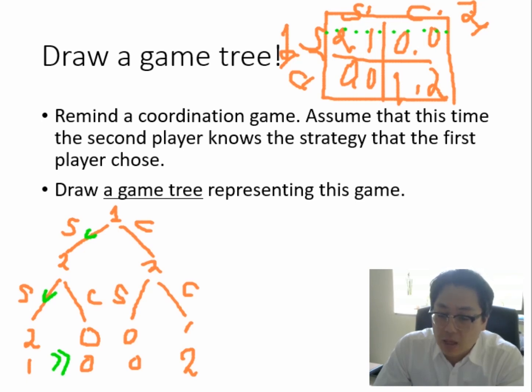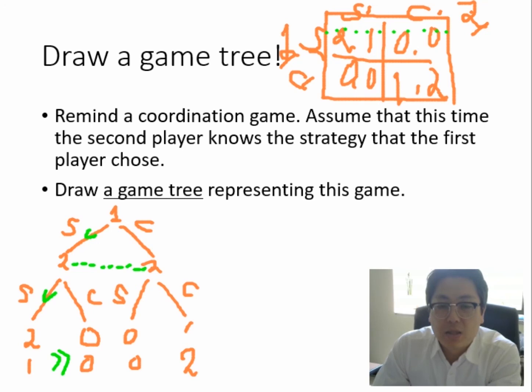However, we can make this game exactly represent this game by connecting those two nodes with this dotted line, or by putting these two nodes in the same information set.